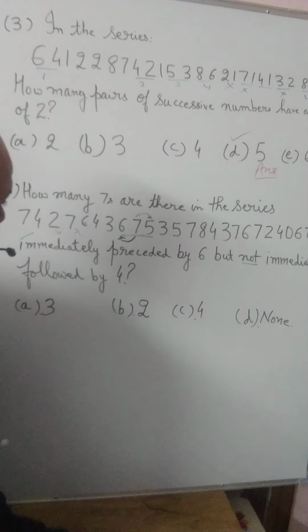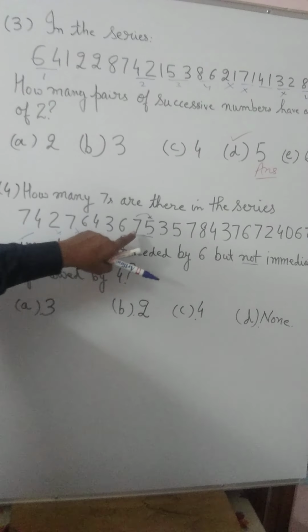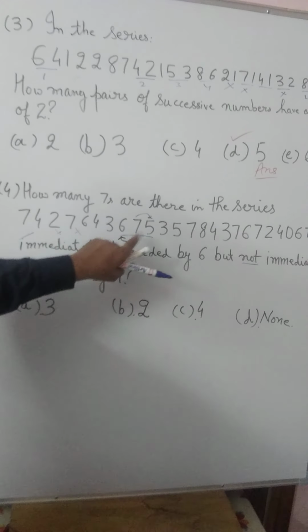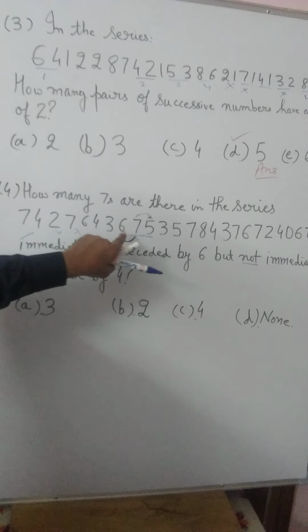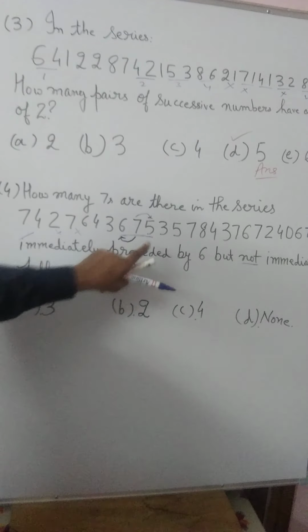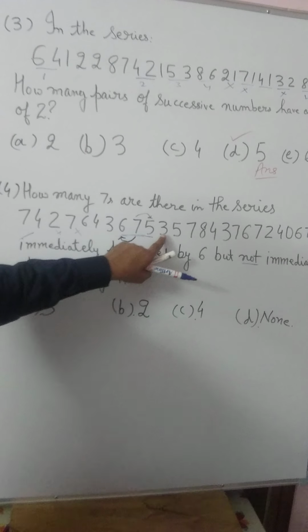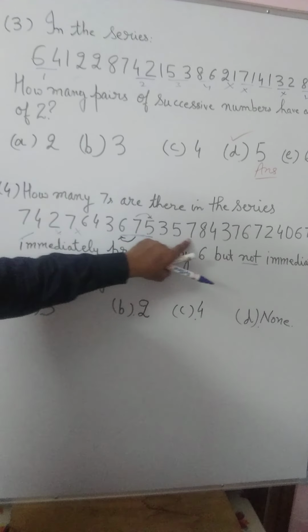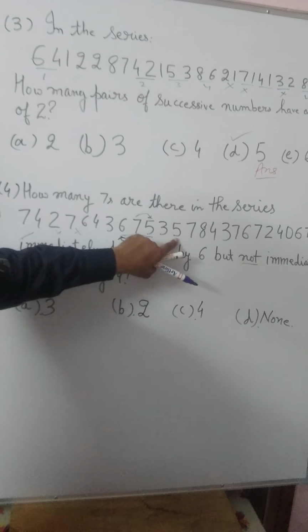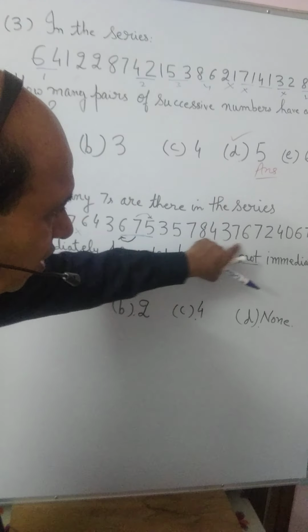So this suits our first result, that 7 has a number 6 before it and 5 after. So the first pair we get here. Then we come to the next one, 3, 5, 7, 8, not possible. Here it should be 6, which is not here. Then we see 7 here, and it is 3 here, it is not possible.